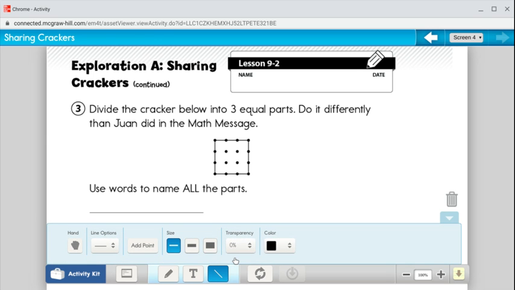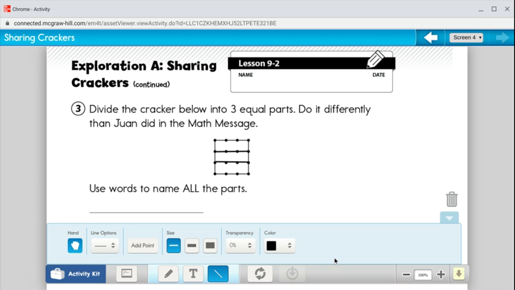Right, and I'm going to see, all right, I have 1, 2, 3, 4, 5, 6, 7, 8, 9 little squares. But it looks like when I look at this, I can just so easily see how to split it into 3 equal parts. I can do a line there, and I can do a line there. So I have 1, 2, 3 equal parts.